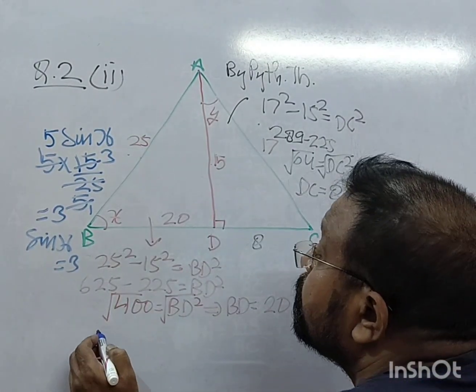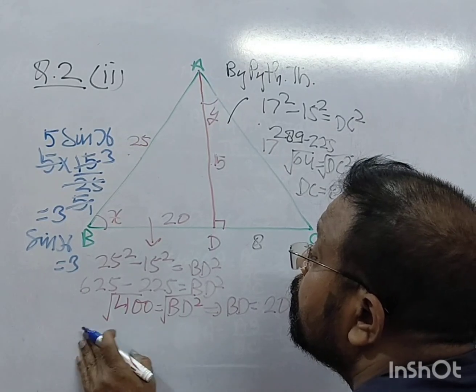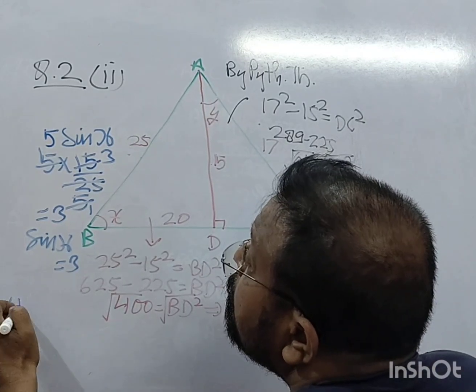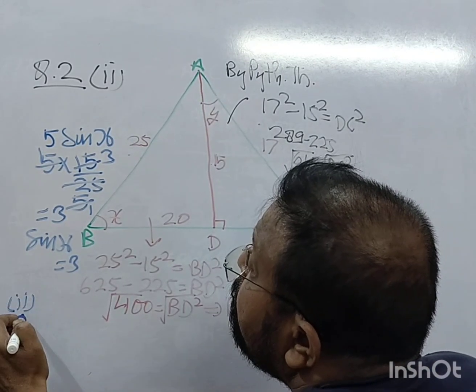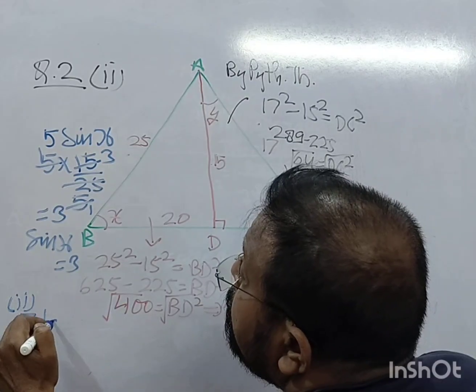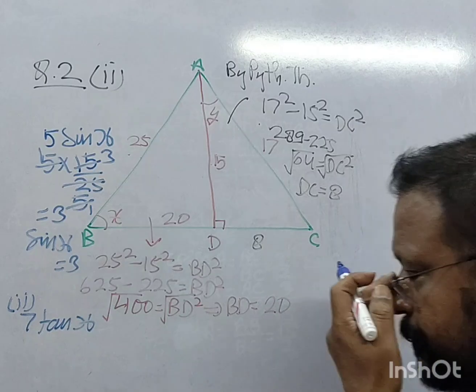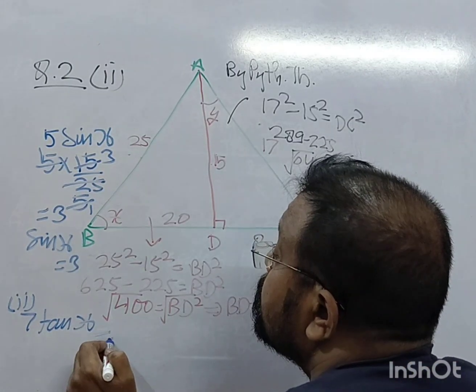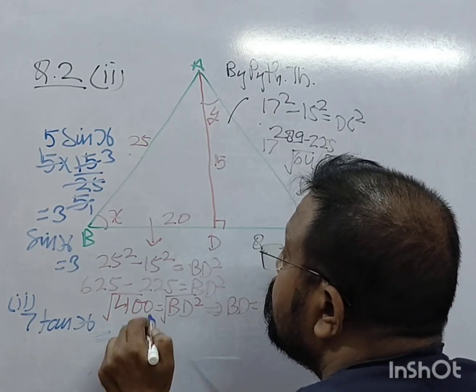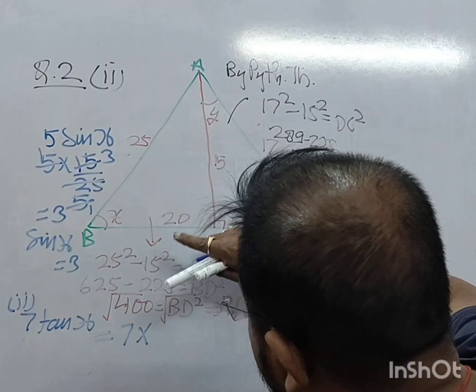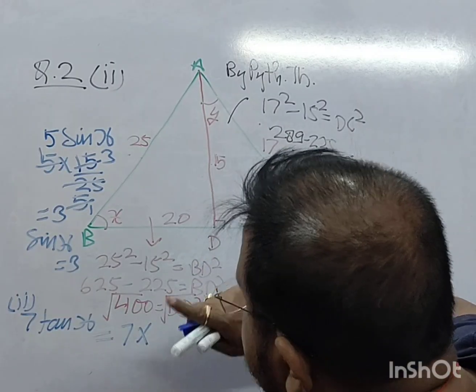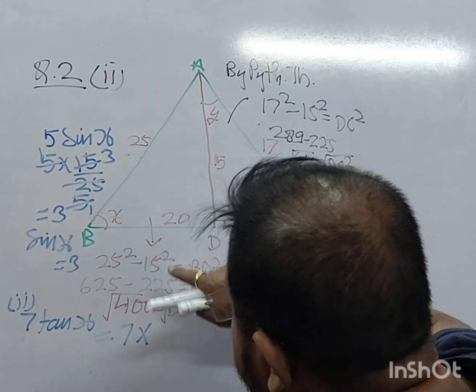Now you have 7 tan X. The second part, 7 tan X. So it becomes 7 into perpendicular upon base.